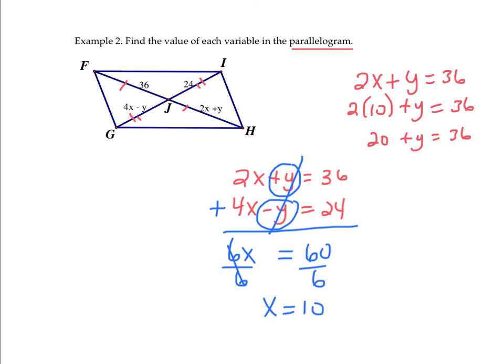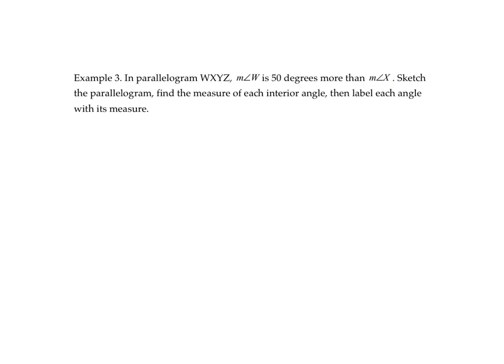Subtract 20 from both sides, and we end up with y is equal to 16. So there's the solution to our system of equations: x equals 10, and y is equal to 16. You can check your answer by making sure that the values of x and y work in both equations.